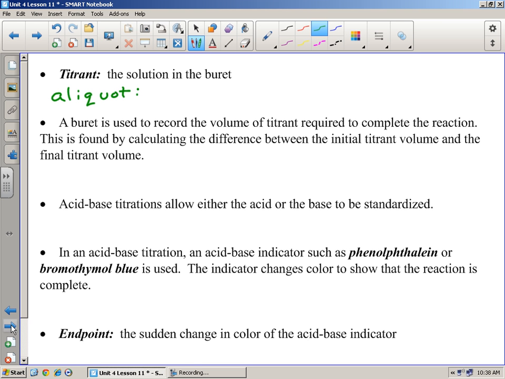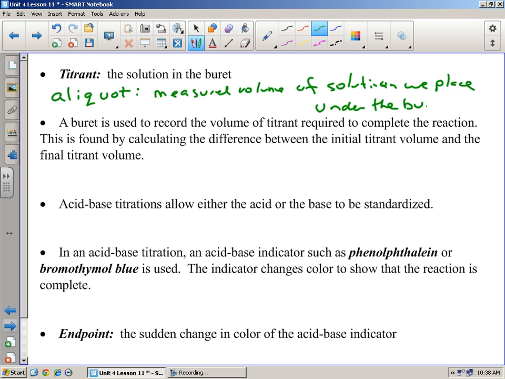It is the measured volume of solution we place under the burette. So it's going to go underneath the burette. Once again, I'll show you this in a second. It is the measured volume of solution we place underneath the burette.